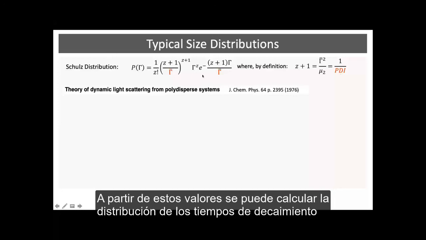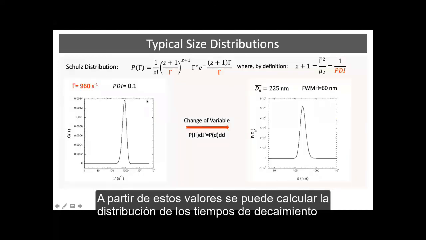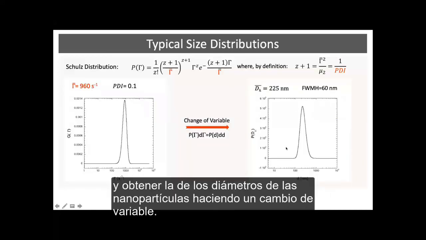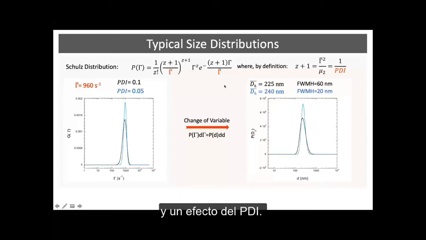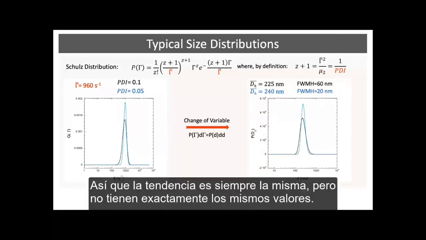So with these values, you can calculate the distribution of the decay rate and obtain that of the diameters of your nanoparticles by doing your change of variable. Here again, we see that you have slightly different values than for the other distributions and an effect of the polydispersion index. So this trend is always the same, but you do not have exactly the same values.